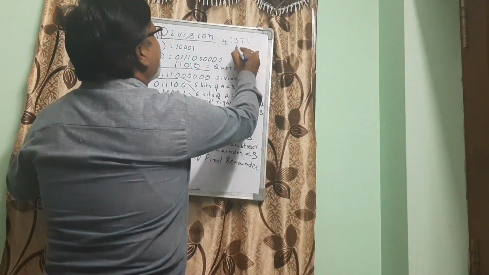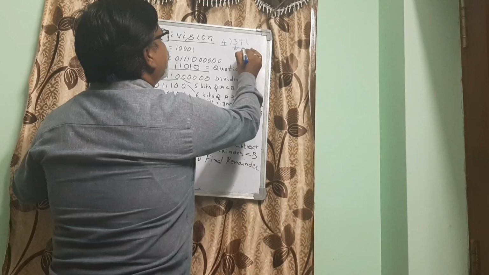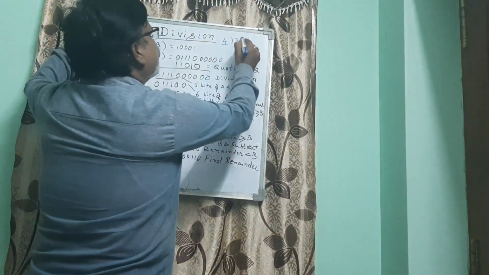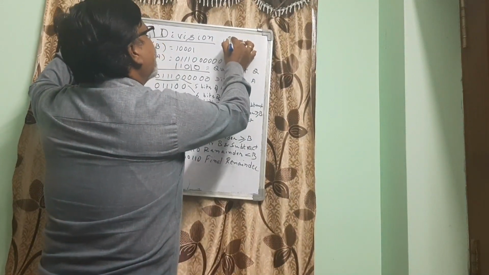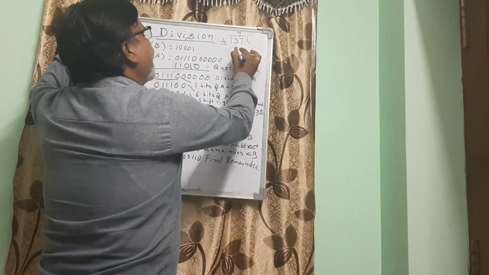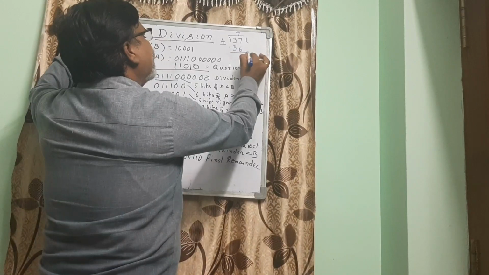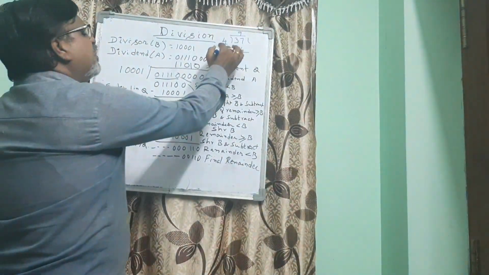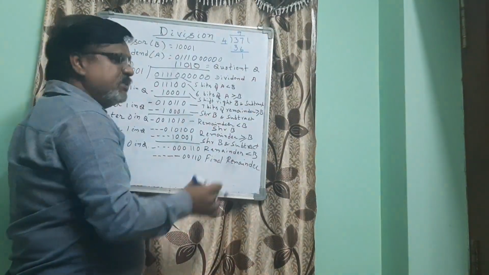That's why we consider both the numbers. By considering both the numbers, as you know very well, 4 nines is 36 and 1 will be the remainder. I have taken a simple example for easy understanding.